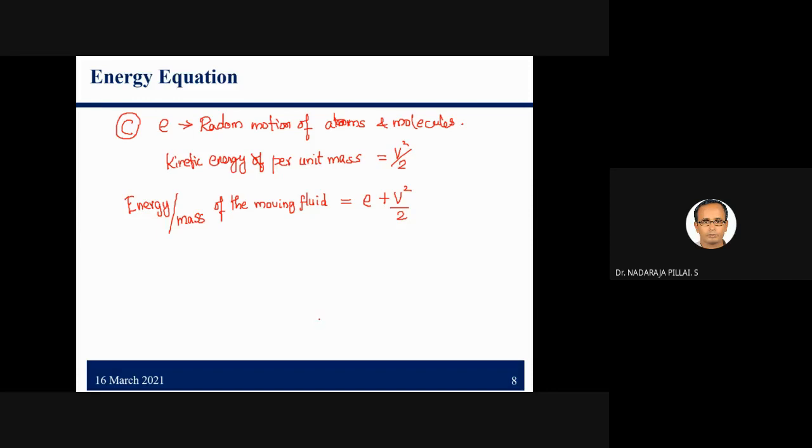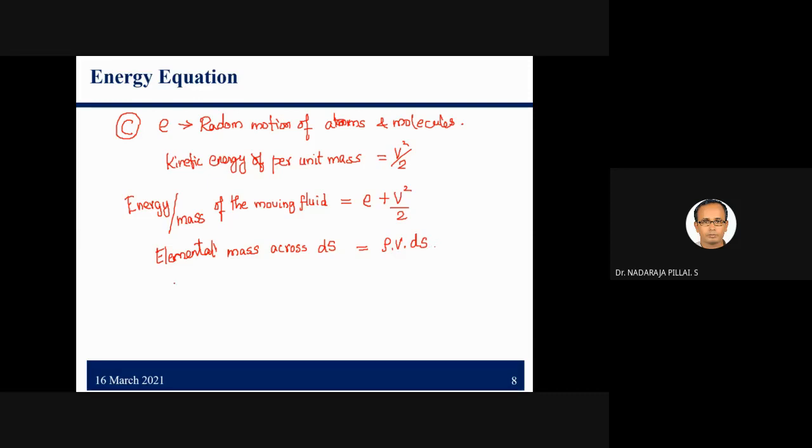Right? So we already know the elemental mass as usual. The elemental mass across ds is rho V ds, right?